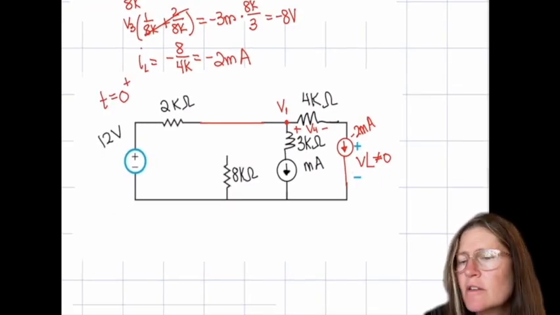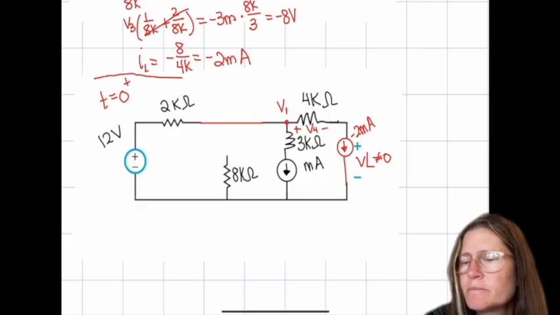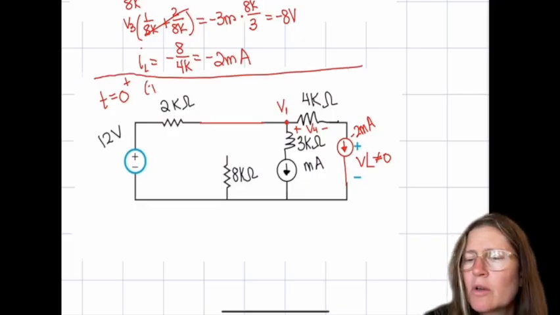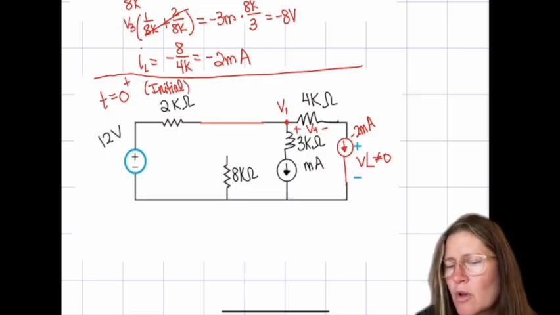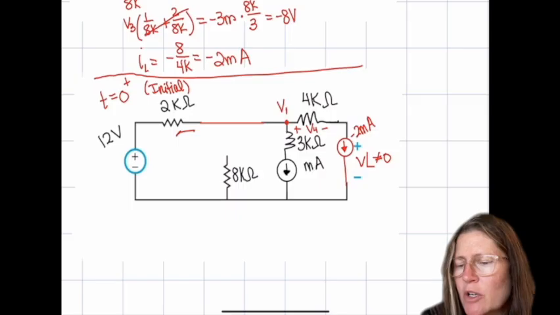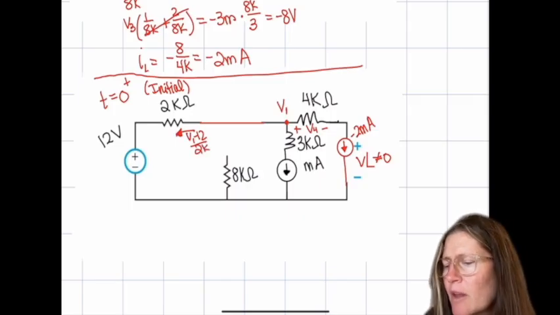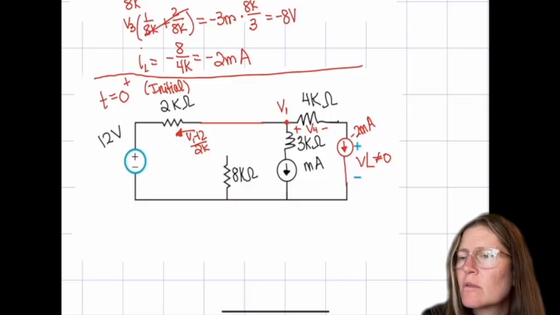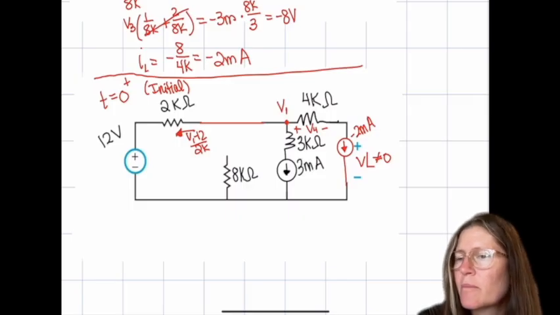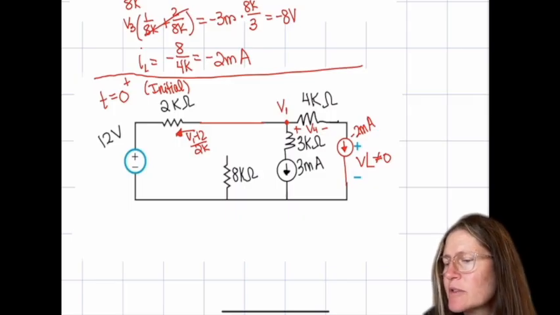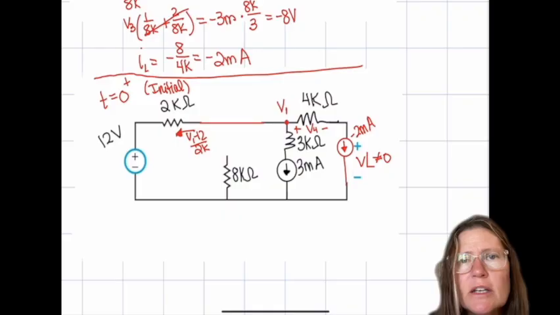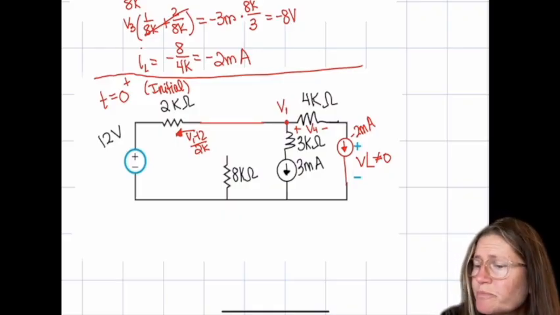To find V1, we're going to define the current in this branch as V1 minus 12 over 2K. This is going to be already defined as 3 milliamps, and then we also know the minus 2 milliamps.